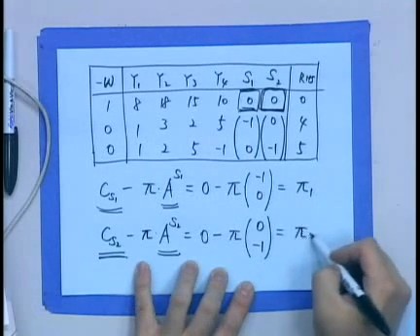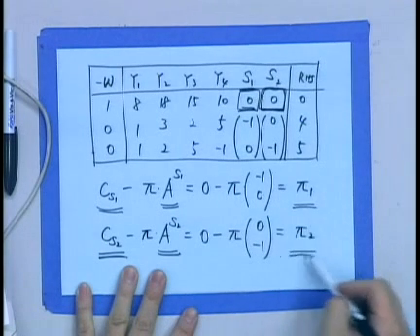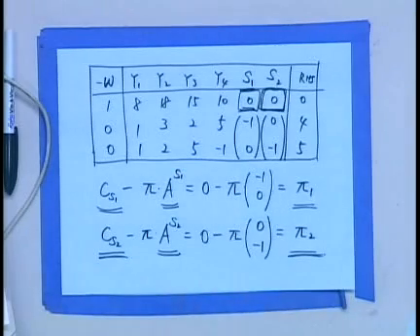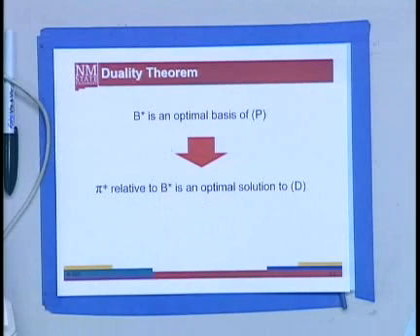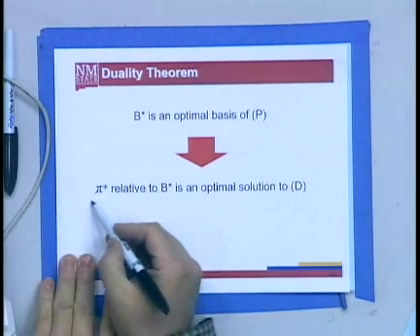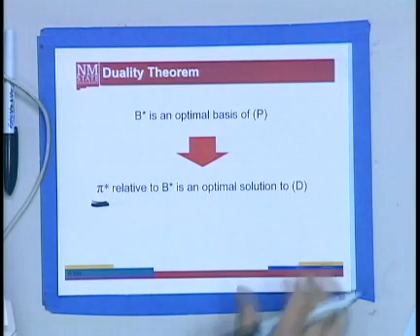And this becomes pi 2. Okay? So if there is a surplus variable in row number i, for example, then its reduced cost becomes just the pi value. Okay? And here the duality theorem says the simplex multiplier vector pi provides the optimal solution to the other problem in the symmetric primal dual pair. Okay?